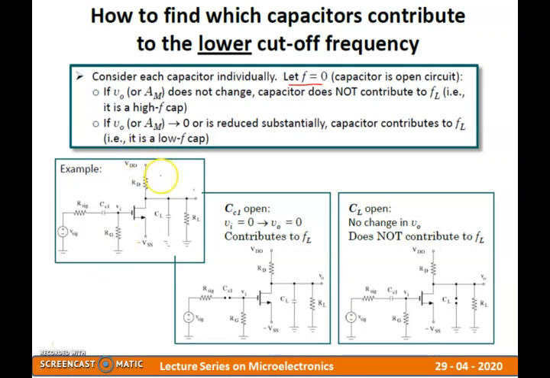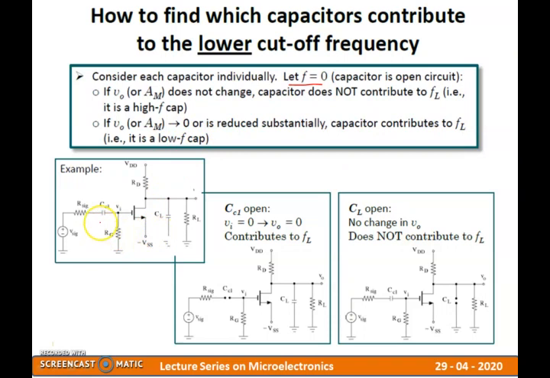So when V0 is reducing substantially or tending towards 0 by making f equal to 0 in the impedance where that particular capacitor is present, then that capacitor contributes to the lower cutoff frequency. Let's try to figure that out here.